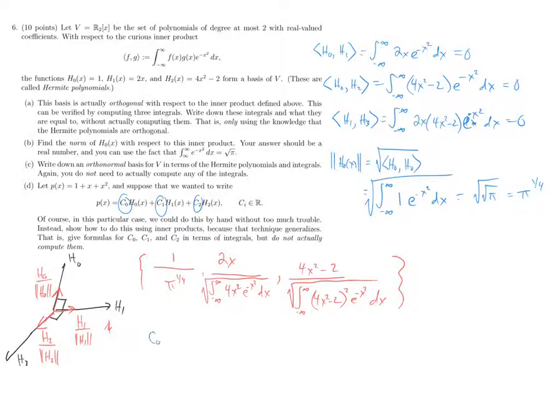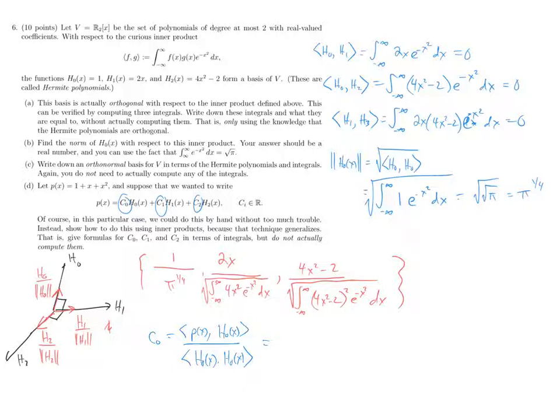So C naught is just the projection of P of x onto H naught, and then we have to divide by the inner product of H naught with H naught. I'll stop writing the of x's after this.